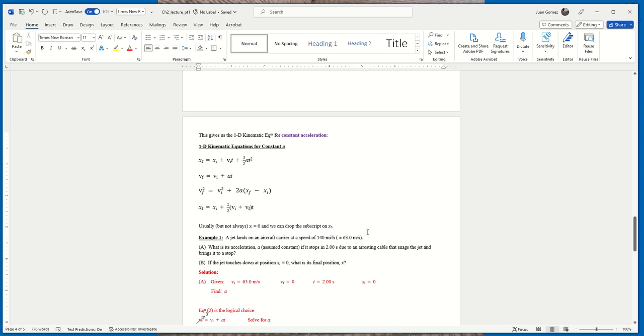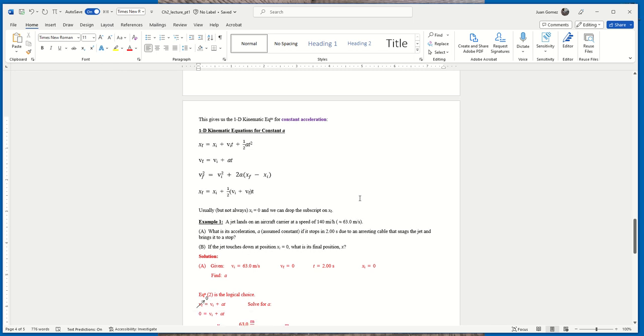Now, in most of the problems, not always, but in the majority, the object will start from a position of 0. In other words, xi will equal 0. So the xi term is just gone, and you can just drop the f and call it x. But notice that equations 1, 2, and 4 have t.